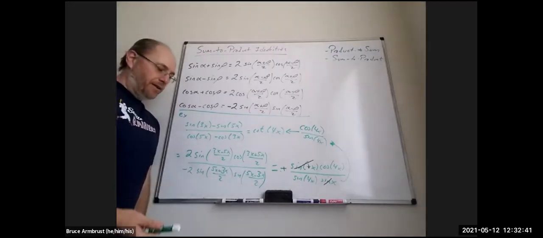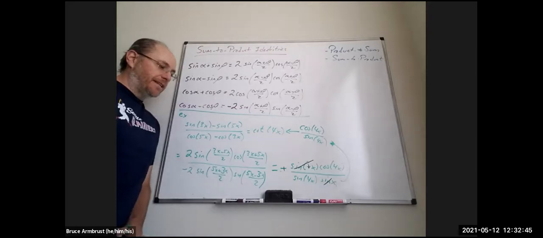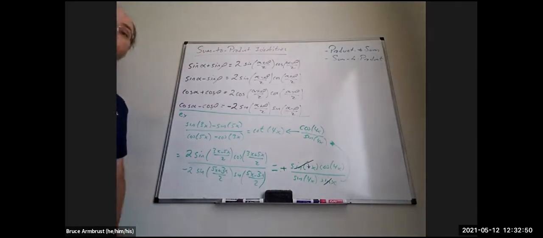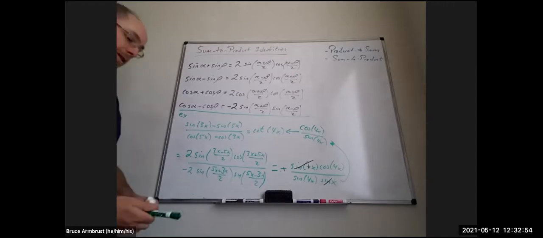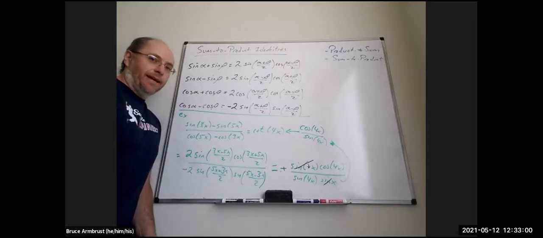So this is definitely true. We're able to establish this identity, and the sum to product identities were a great way of getting it. Again, not the only way by any stretch of the imagination, but a way.